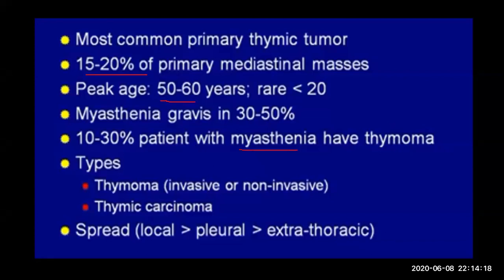As we said, we have two types, epithelial tumor and thymic carcinoma, with metastasis into the pleural cavity. What do we call that metastasis? Drop metastasis. Okay.